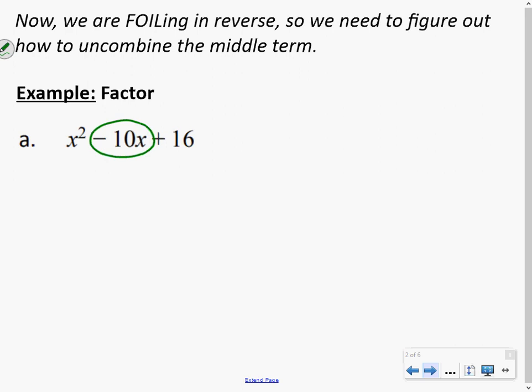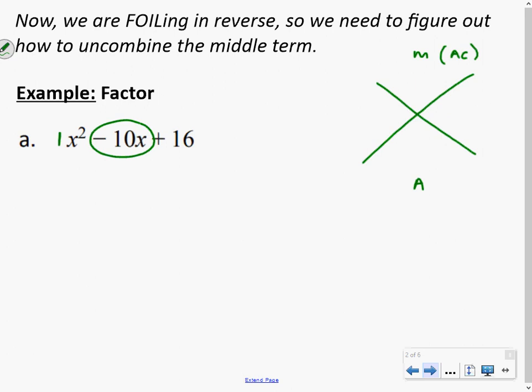To do that, you're going to have to pay attention to what your a value, b value, and c value are. We have a little organizer that we're going to use. Just make an x. We're going to put an m up here and an a down here. We need to find 2 numbers that multiply to a times c. Here, a times c would be 1 times 16.